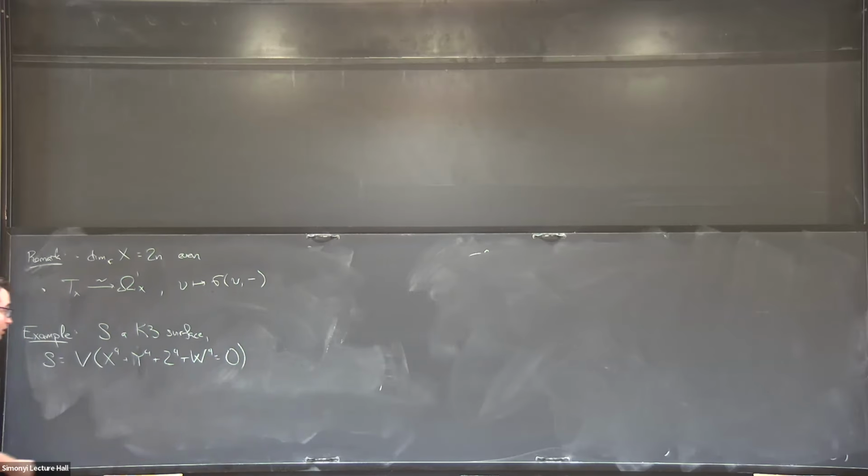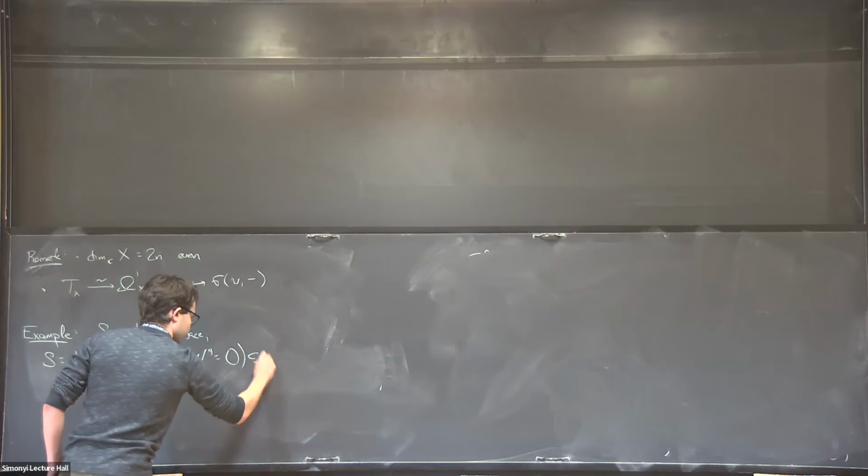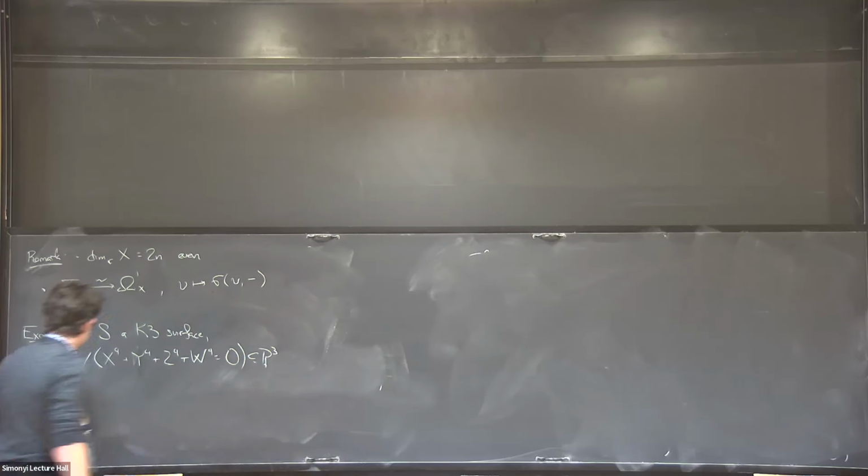That cuts out some surface in P3. It's simply connected by Lefschetz, and you can check by adjunction that the canonical bundle of S is trivial. So in particular, it is hyperkähler.